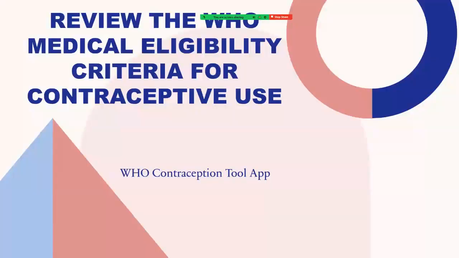Next, we'll review the WHO eligibility criteria for contraceptive use. There is a WHO contraceptive tool app that is available, but it's not available to everyone, so you could certainly try to download that. But what our book actually discusses is the US medical eligibility criteria, also known as the US MEC for contraceptive use charts.